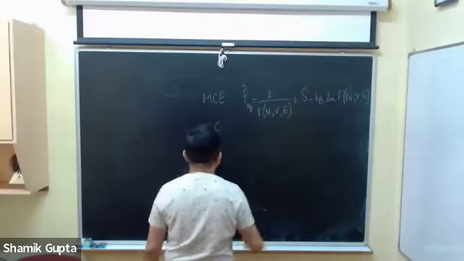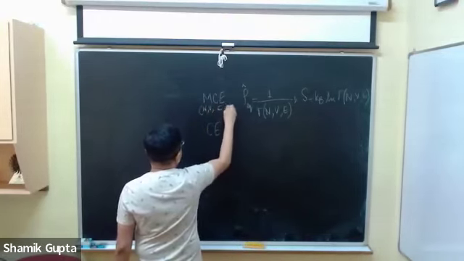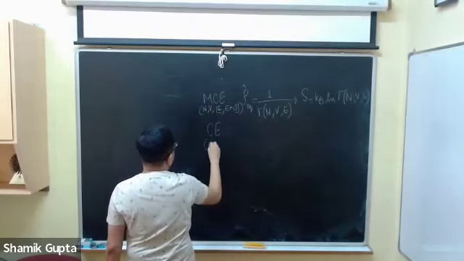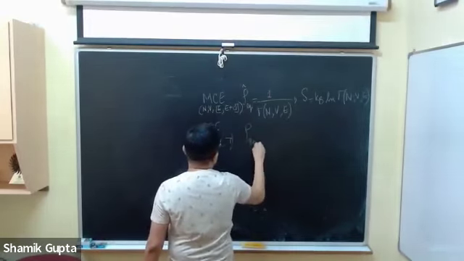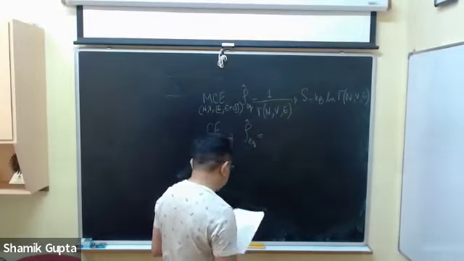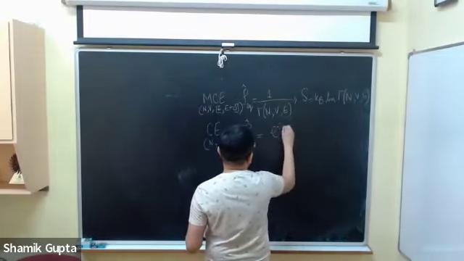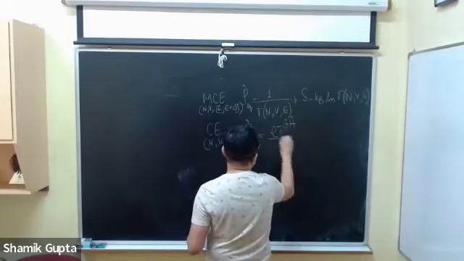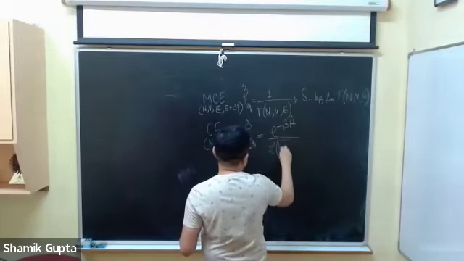Canonical ensemble: in microcanonical, the macrostate is NVE plus delta. In canonical, the macrostate is NVT, and here the density operator again will have the same form that it had in classical statistical mechanics. So it would be just e to the power minus βH, where H is an operator, divided by the partition function Z of NVT.